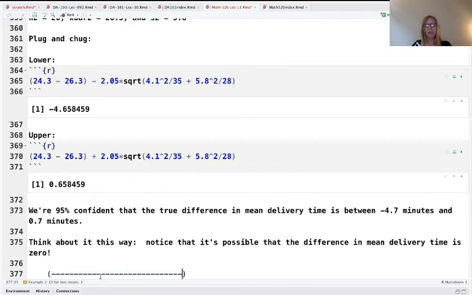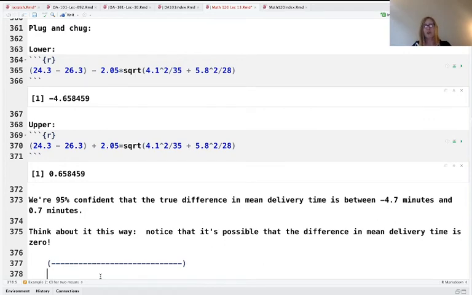We've got this number line. Here's my confidence interval. There's a picture of my confidence interval. On the one side, it could be mu1 minus mu2 equals negative 4.7. And over on the other side, it could be mu1 minus mu2 equals positive 0.7.